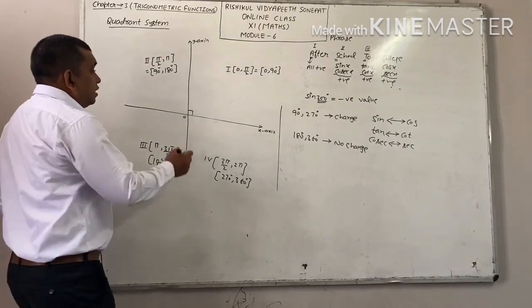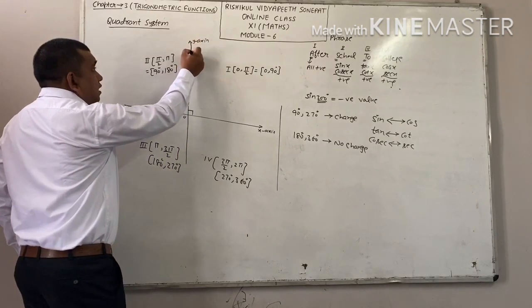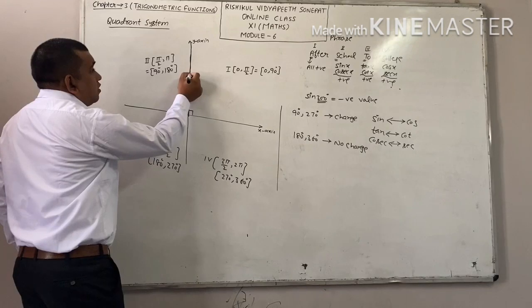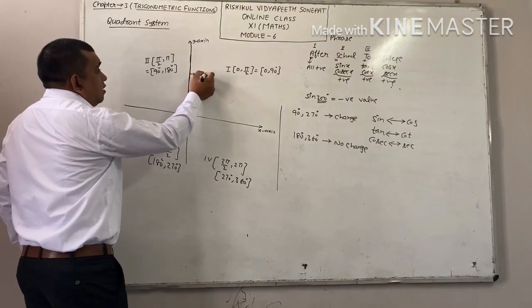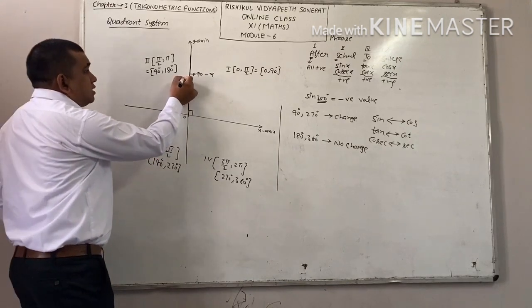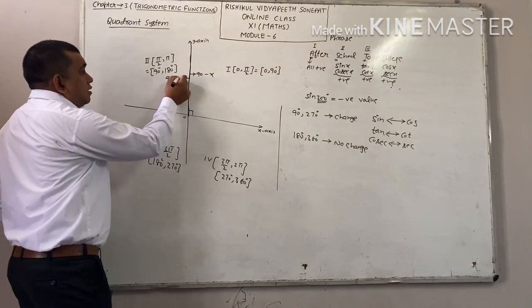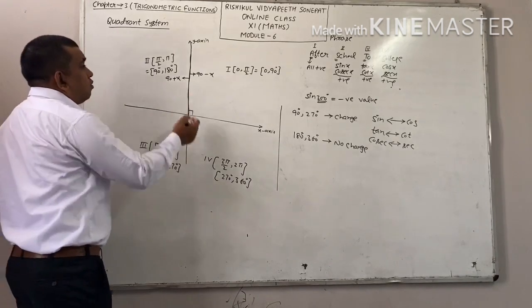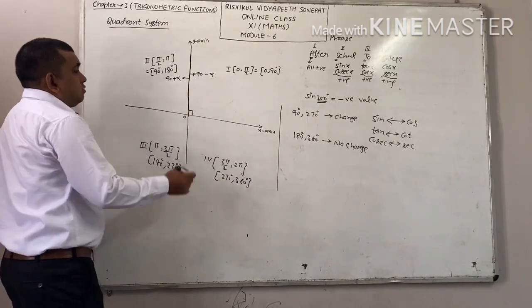Now see one more thing. This line is for 90 degree, therefore 90 minus x. This is your first quadrant. 90 plus x. This is your second quadrant. Or you can write down in the form of radian also.